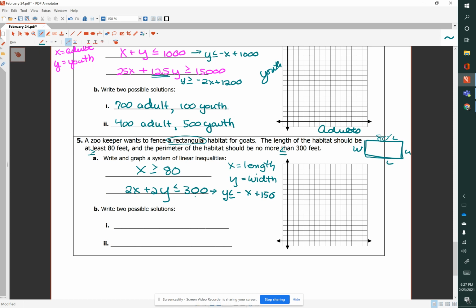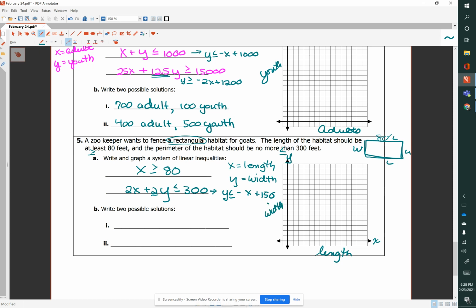We moved the 2x over to the other side and we divided everything by 2 from the coefficient in front of the y, and that made this negative x plus 150.